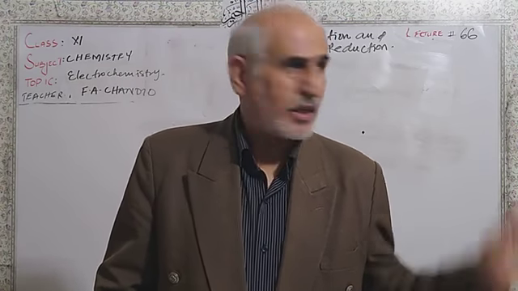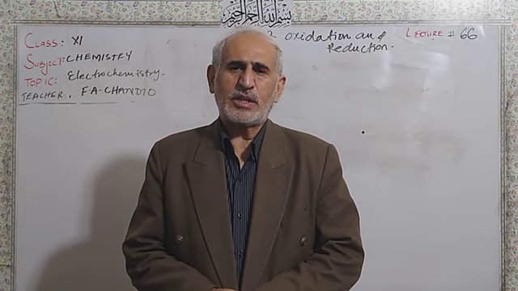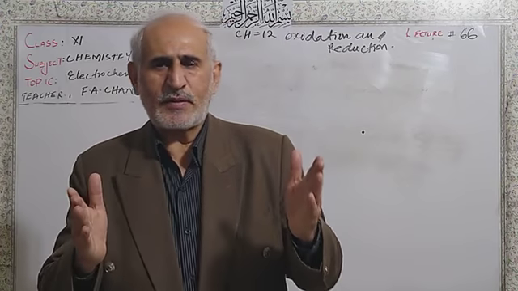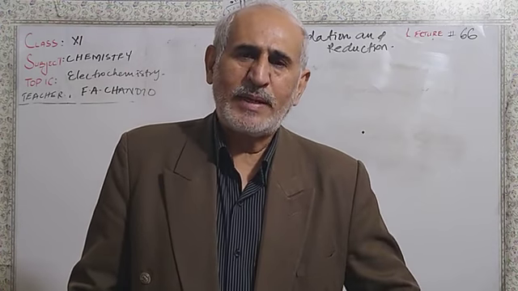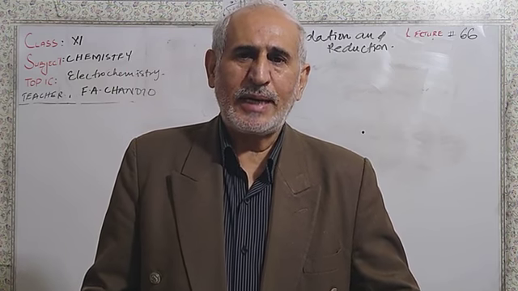In both types of cells there is oxidation and reduction. There are two kinds of cells: one is called the electrolytic cell and another is called the galvanic cell.